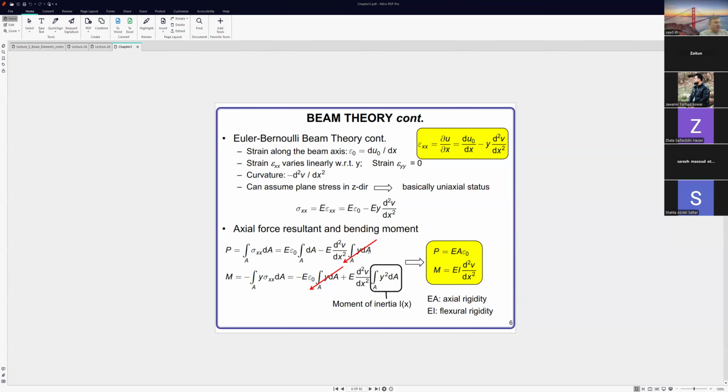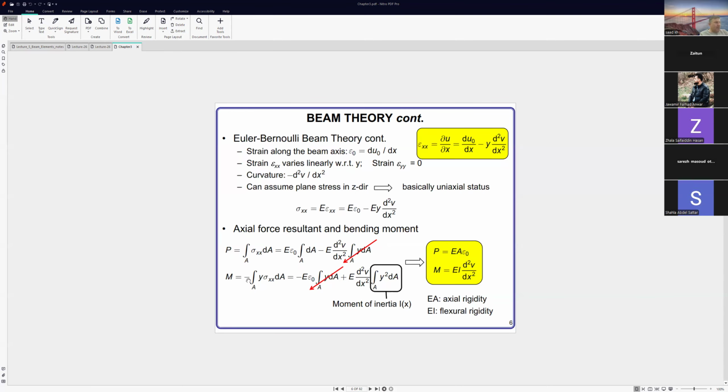We don't have any variation of y times dA, so it is equal to 0. This means just this term is working, which is E epsilon naught times A.